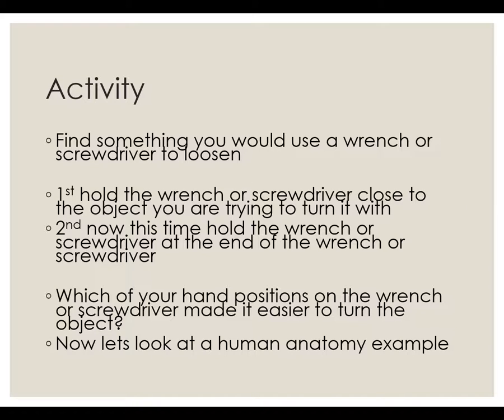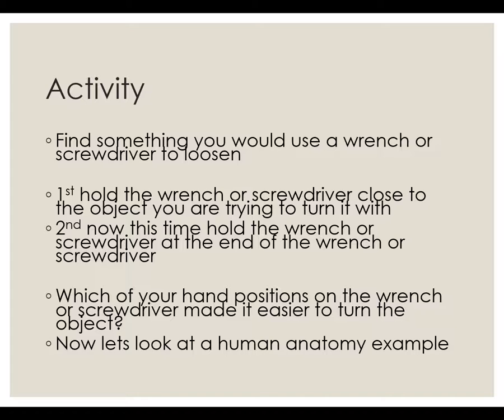Let's look at a human anatomy example. That may be something like if we are sitting and we want to test a patient's muscle strength, and we want to keep a patient from straightening their knee. So if they're in the sitting position, their knees are bent, and we don't want them to kick their foot out.